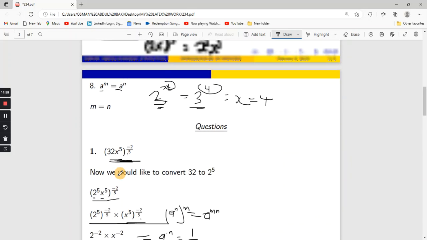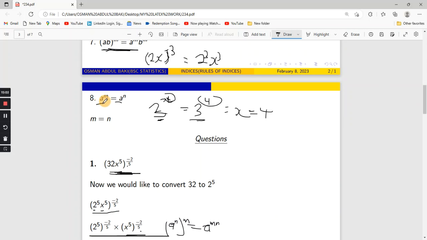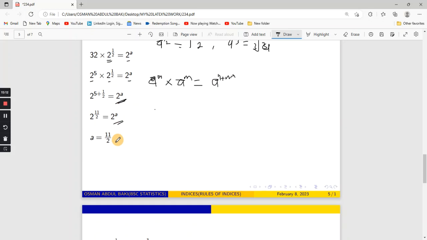That is property 8, where a raised to the power m is equal to a raised to the power n, we just equate the powers. So the same thing applies here. So when the bases are the same, you equate the powers. So here a is equal to 11 over 2.